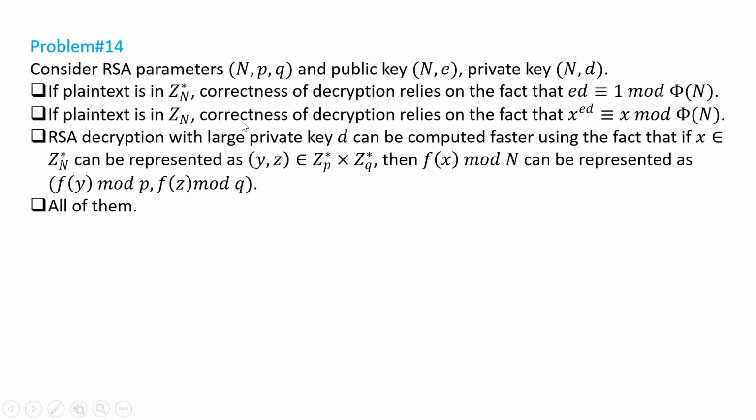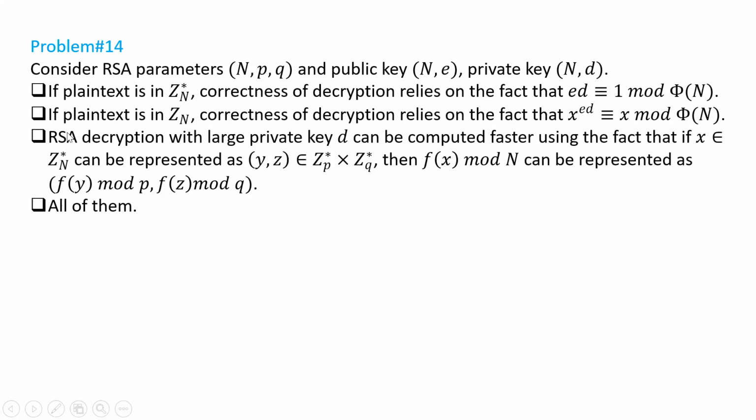But this condition is still satisfied, and the decryption correctness holds, due to the fact that x to the power ed is congruent to x modulo n, and that's why we could write x to the power ed mod n is equal to x mod n. So this should actually be n, not phi n. That is a mistake. x to the power ed is congruent to x mod n.